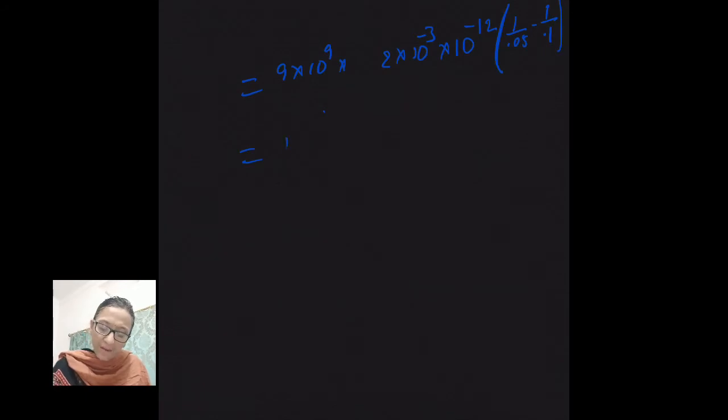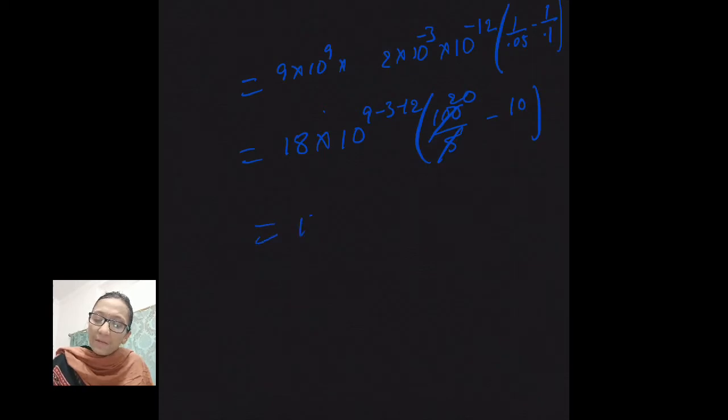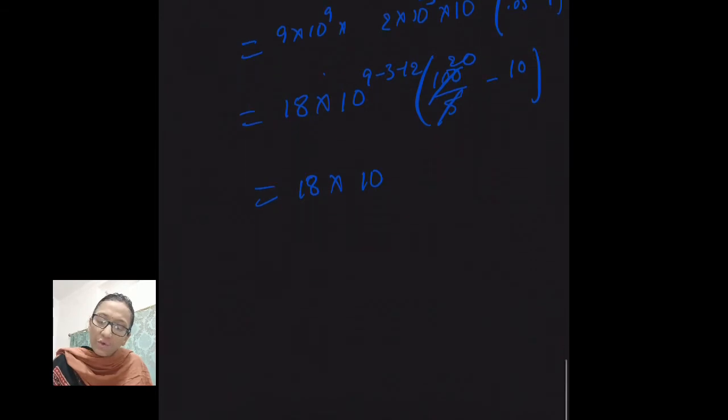So let us simplify this. So this is your 18 into 10 power 9 minus 3 minus 12 into 100 upon 5 minus 10, and this is your 20 minus 10, so 10 only.